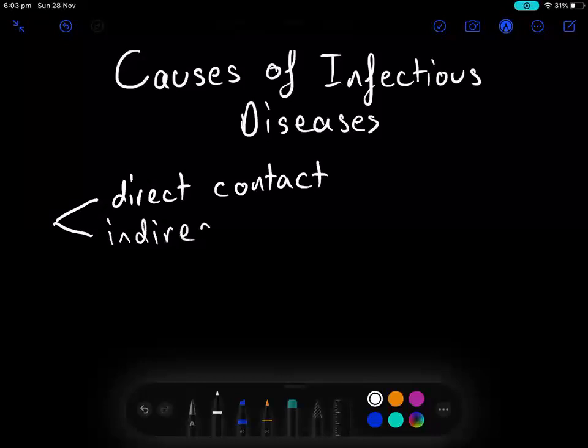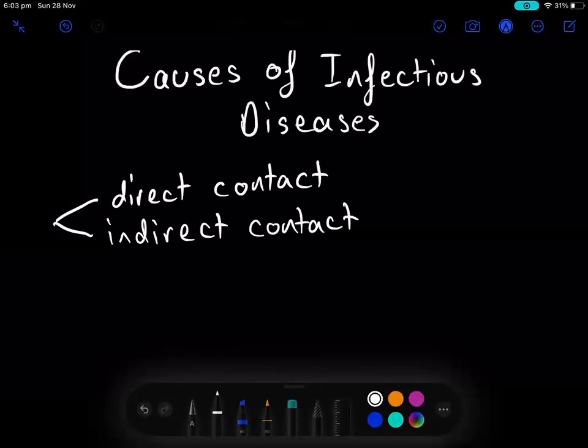Indirect contact can be due to, for example, sharing the same drink bottle. You're not physically touching skin to skin, but the skin touches the surface, which then will touch another person's skin and now cause the transmission of the pathogen. So a pathogen is just a disease-causing microbe.